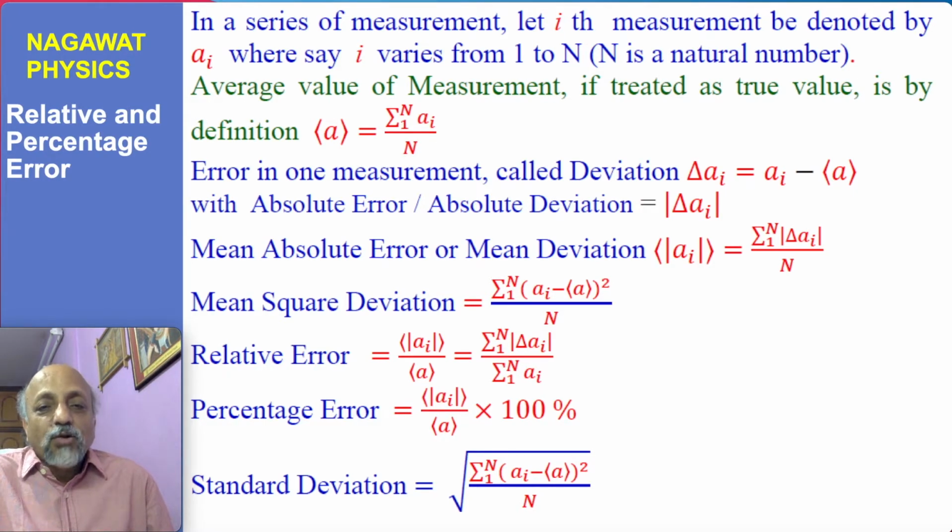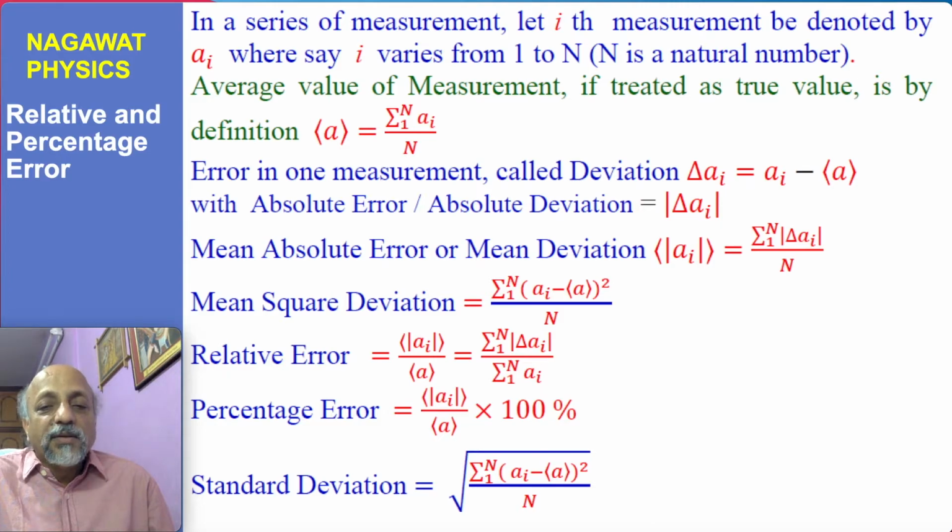So average value will often be taken as true value when we minimize the random error, and let us assume that we have already minimized the systematic error and all corrections and calibrations have been done in arriving at the values A_i. So systematic errors have been avoided, and then we repeat the measurement for avoiding the random error, and then we can treat the average value as a true value.